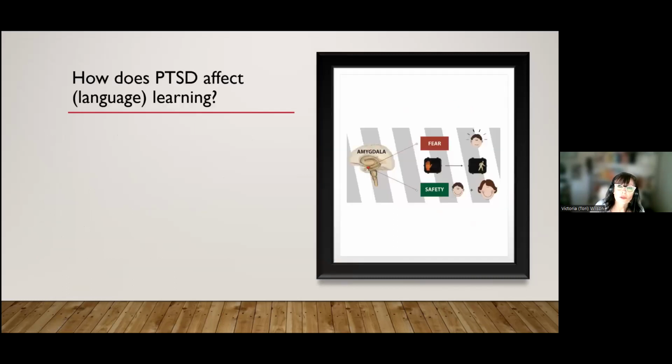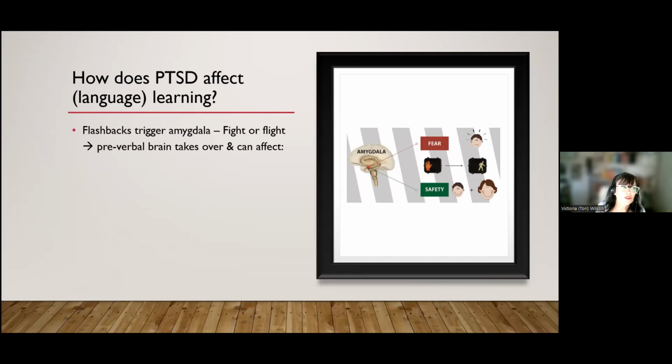So it's very well known through a lot of scientific research and literature that PTSD affects learning and language learning specifically. This doesn't mean that a person is incapable of learning, but when they're in that aroused state of being triggered, then it makes it very difficult.